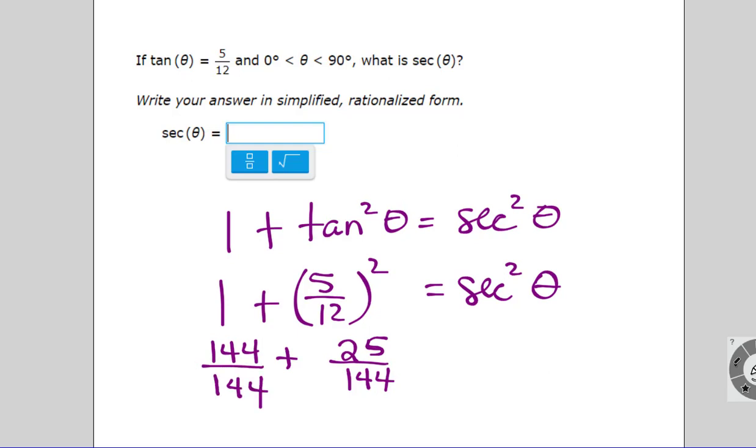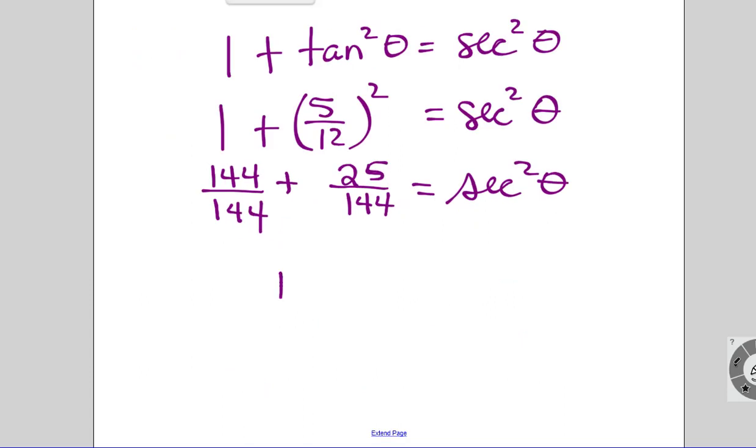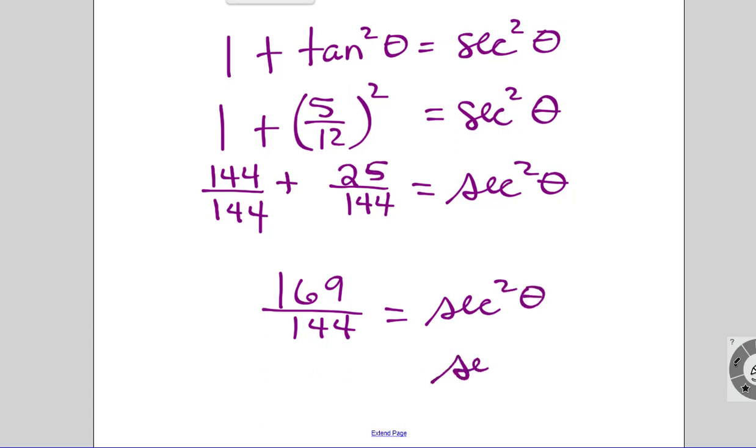I want a common denominator. And so we get 169 over 144. Or secant theta is equal to 13 over 12. Again, I'm just going to use the positive answer because we're still in quadrant 1.